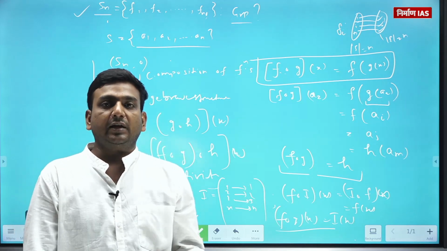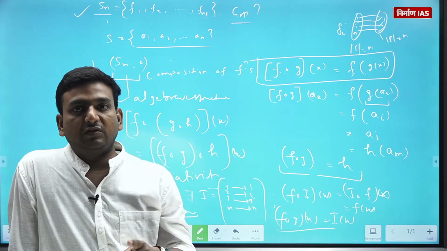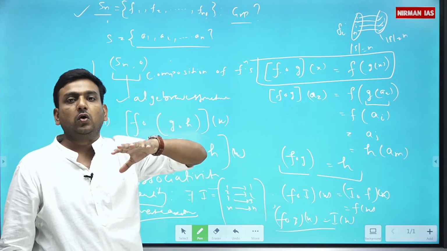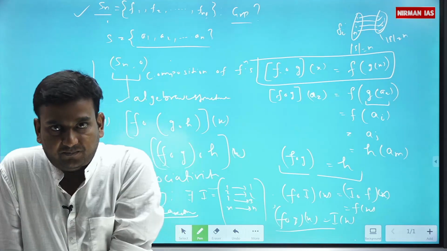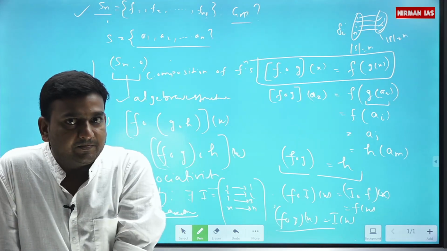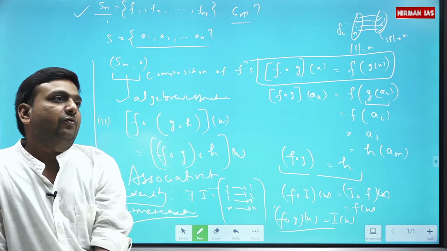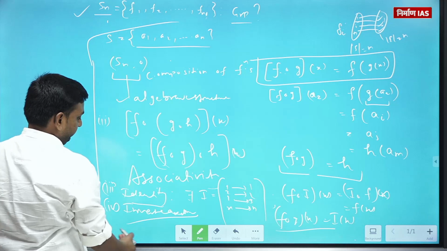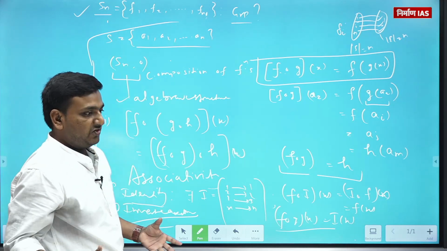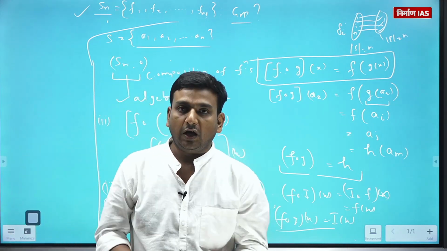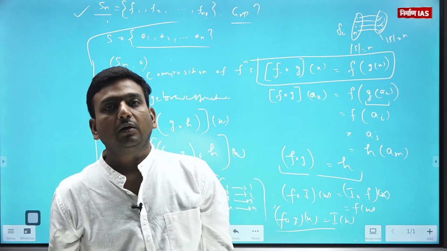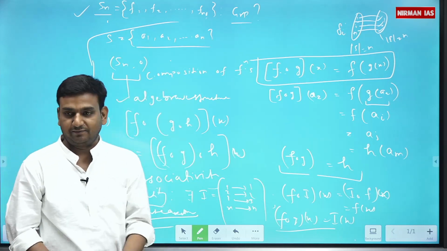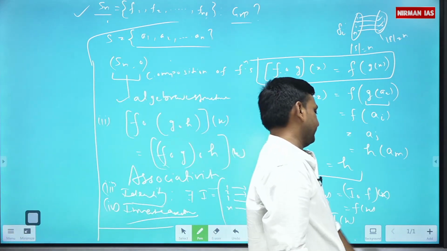Then we say that yes, this composition of functions on this set Sn follows the inverse axiom. Is that right? Fine. So this was the general explanation for Sn. Now I am going to take an example and let's see how these things work. Is that clear? Fine.